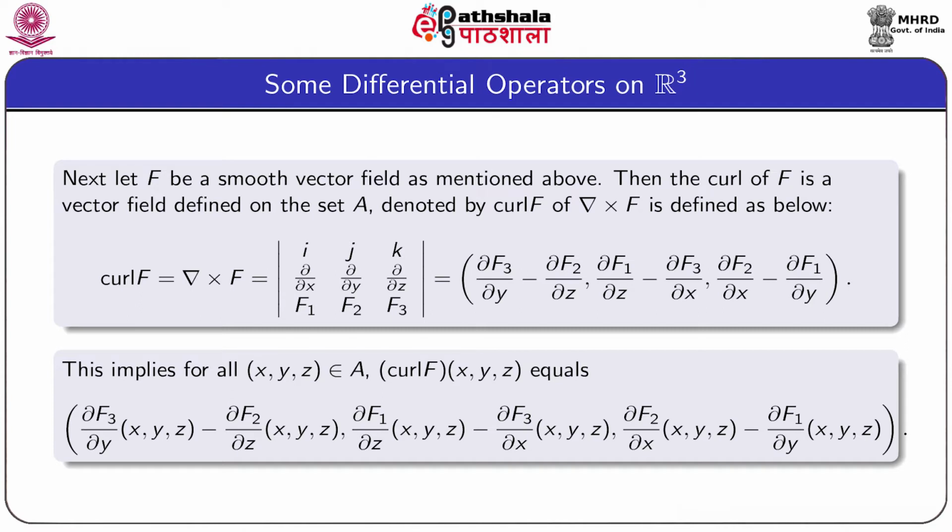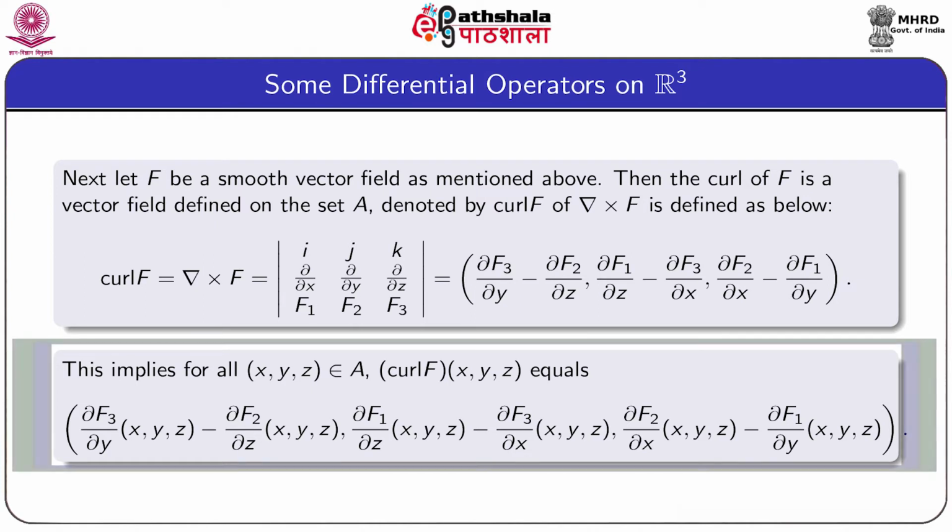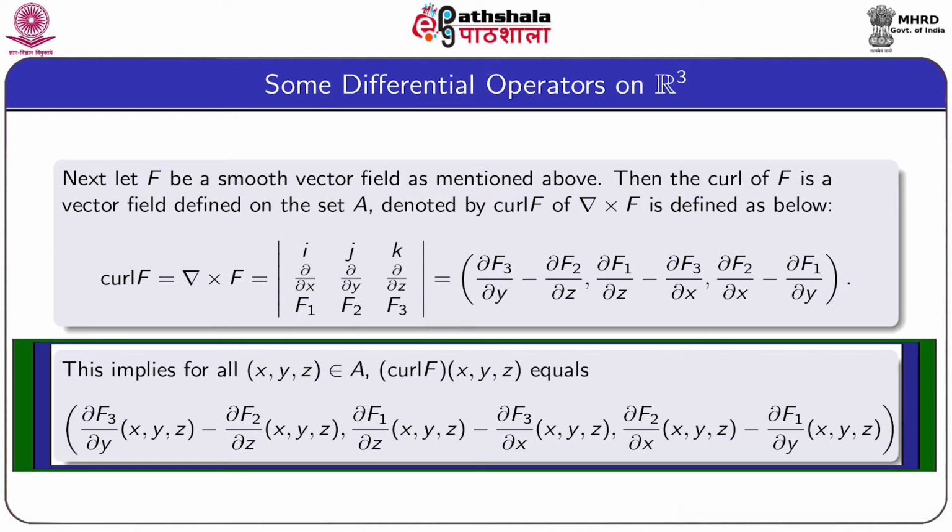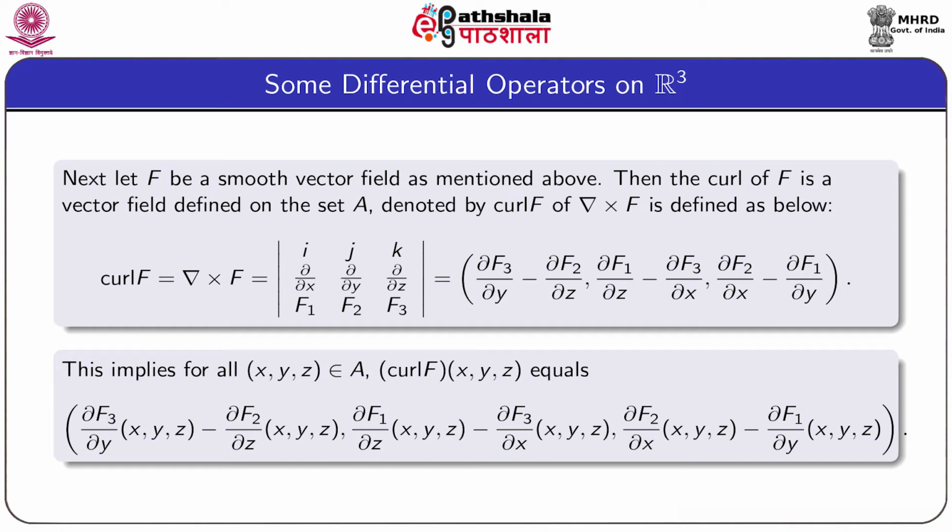So, it equals the ordered triplet (∂f3/∂y minus ∂f2/∂z, ∂f1/∂z minus ∂f3/∂x, ∂f2/∂x minus ∂f1/∂y). This implies for all (x,y,z) in A, curl F at (x,y,z) equals ∂f3/∂y(x,y,z) minus ∂f2/∂z(x,y,z) and two similar components.